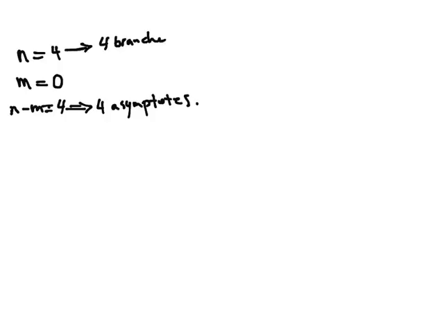And accordingly n minus m, which is equal to 4, means that we will have 4 asymptotes. And n equal 4 means that we will have 4 branches for PL and 4 branches for NL.